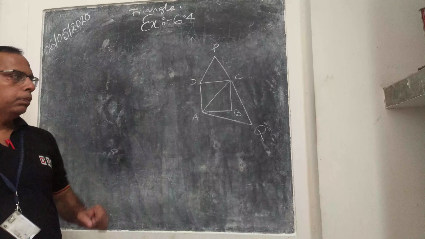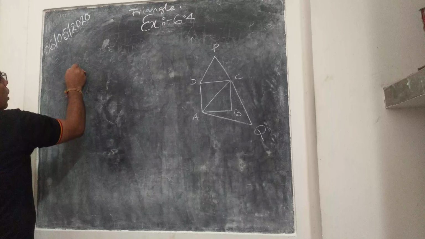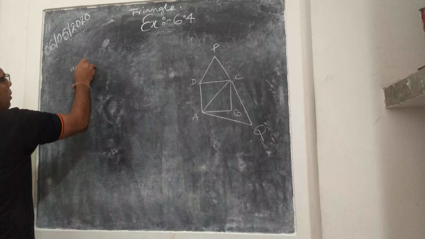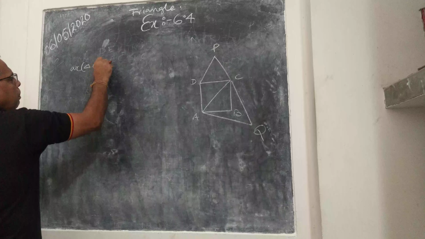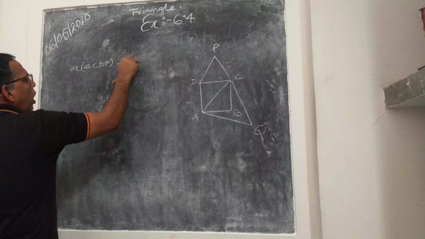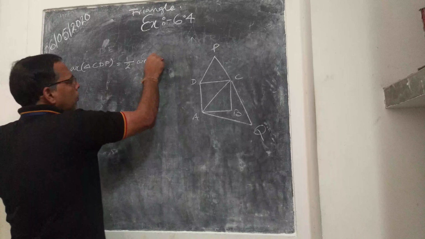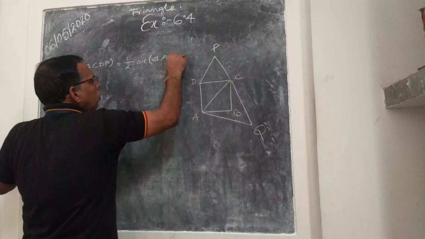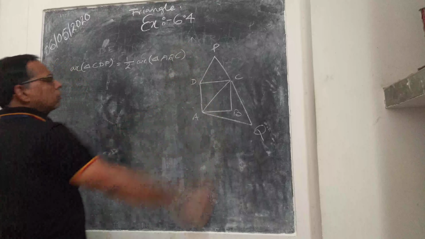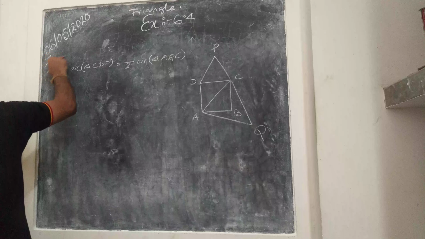To prove: area of triangle CDP is equal to half the area of triangle AQC. This is the one to prove. Question number 7.